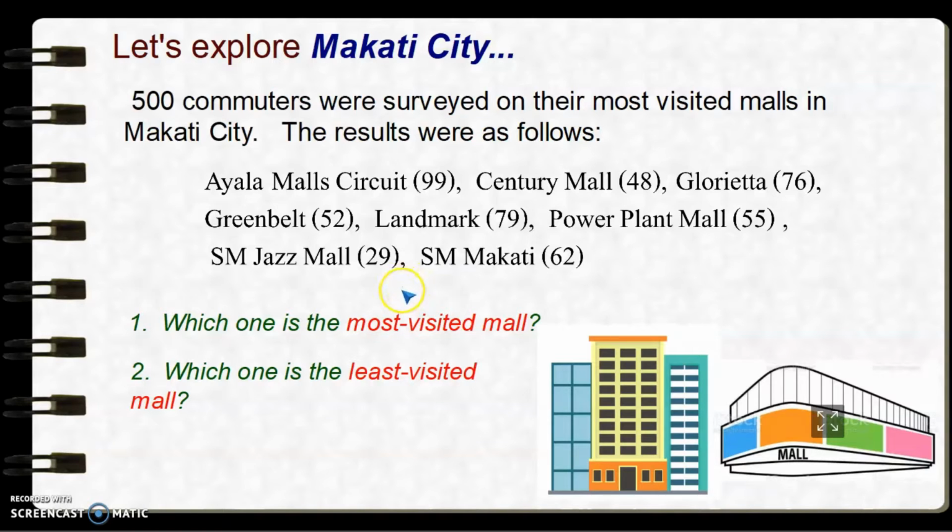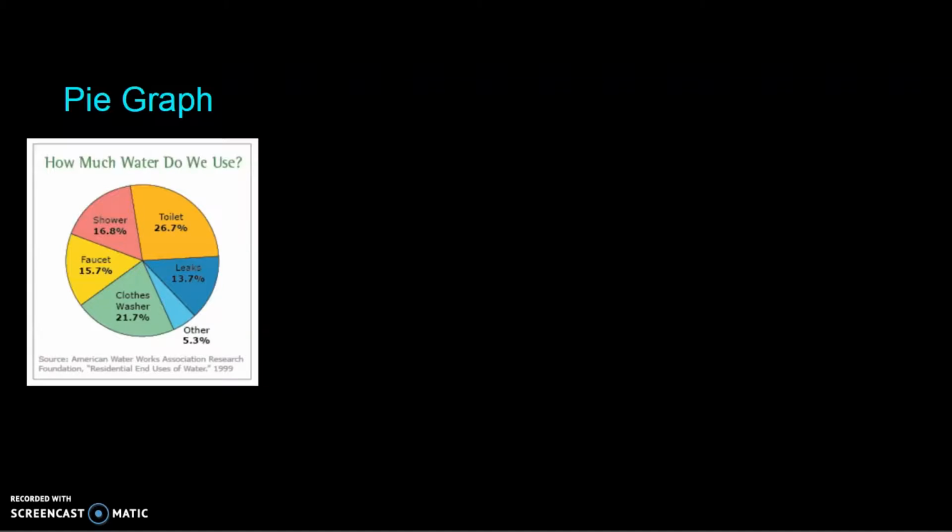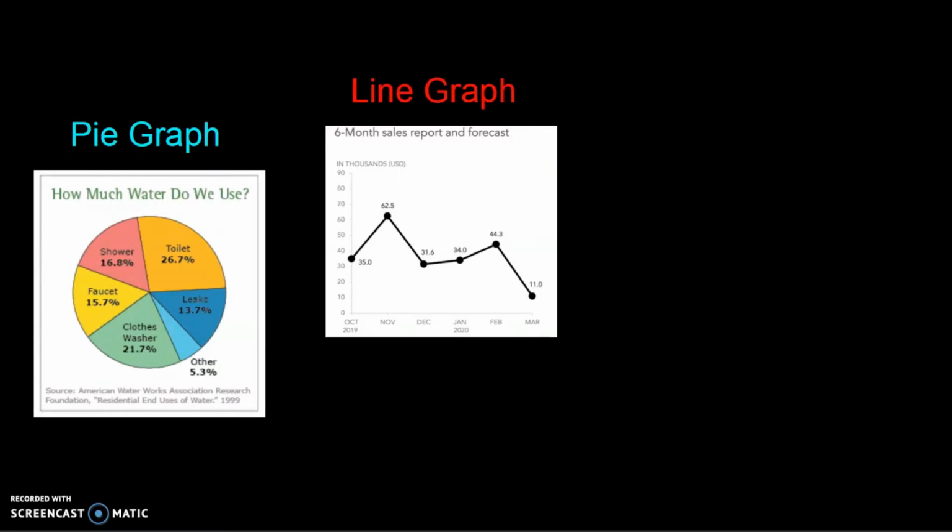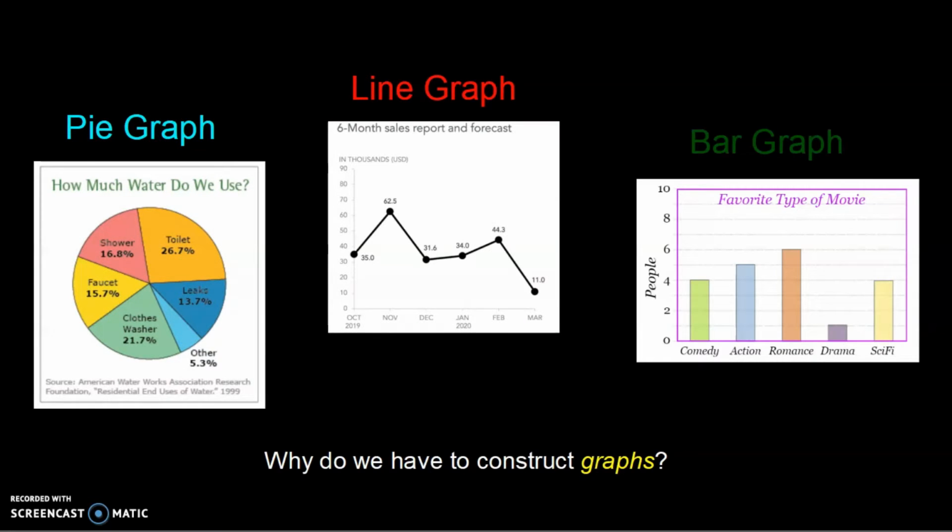So these questions can also be answered easily if the data set is not presented using textual presentation. Meaning to say, we have the text here on the figures based on the result of the survey conducted. This can also be presented in a more presentable manner through a pie graph, line graph, or a bar graph.